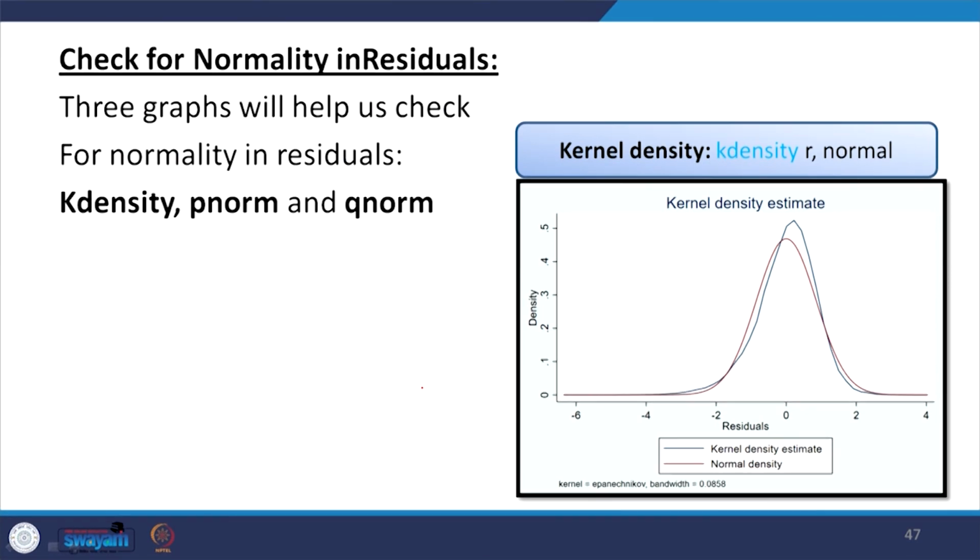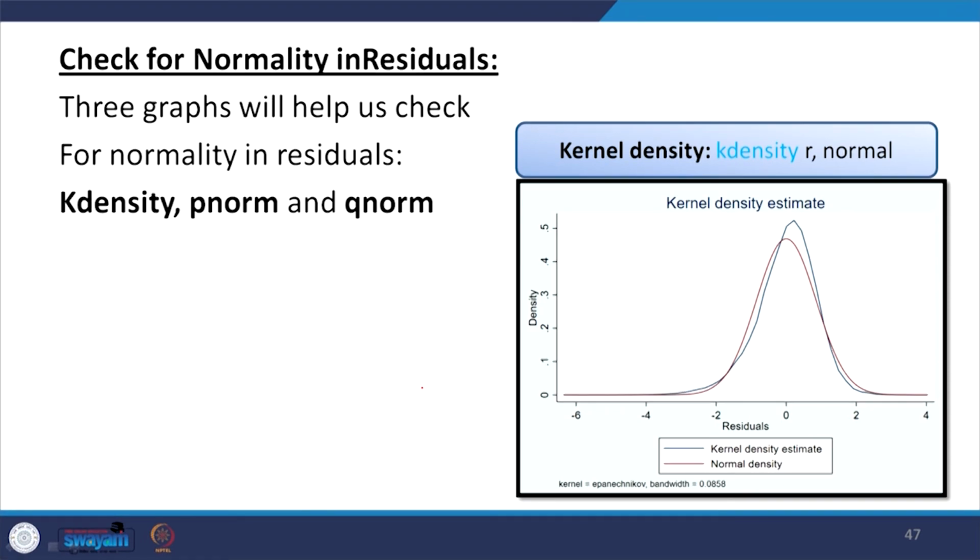Similarly, we can check the normality in residuals. So, 3 graphs will help us check the normality: the kernel density, then the P norm, the probability normal distribution, or the quantile normal distribution actually gives the normality of the distribution.